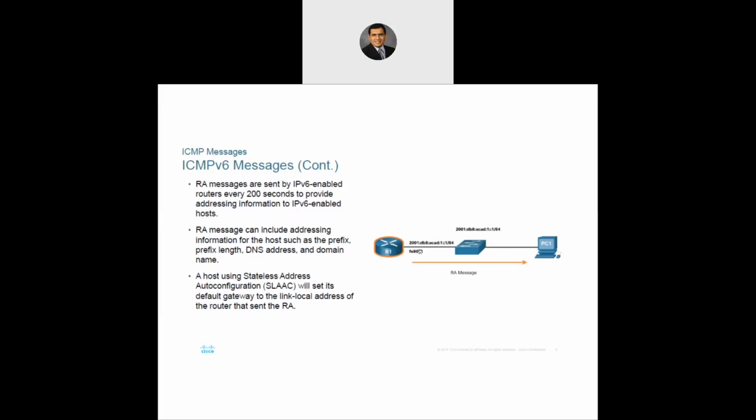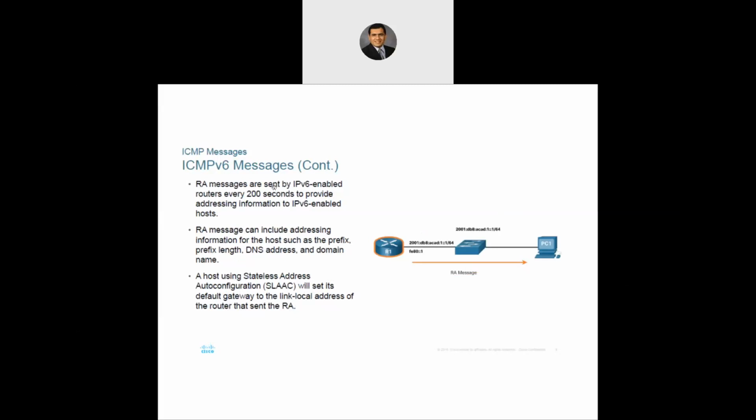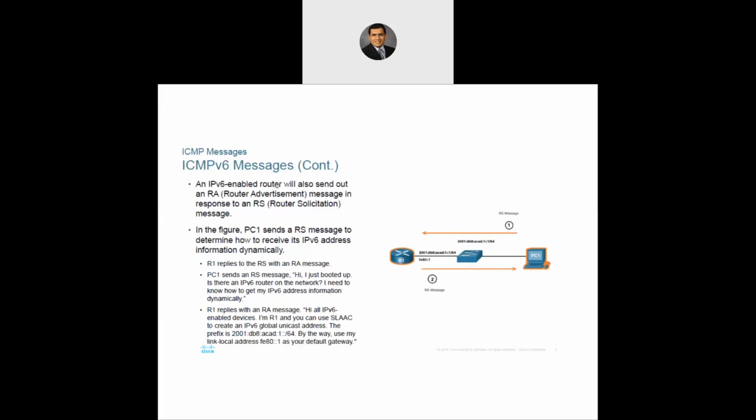Once it sends this IP address to the network, an IP version 6 enabled router will send out its router advertisement message in response to your router solicitation message.